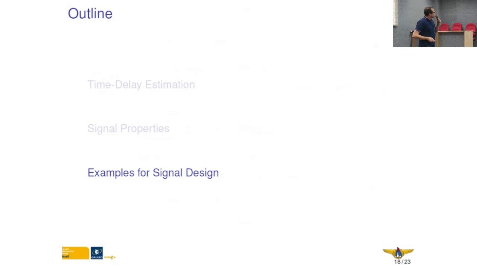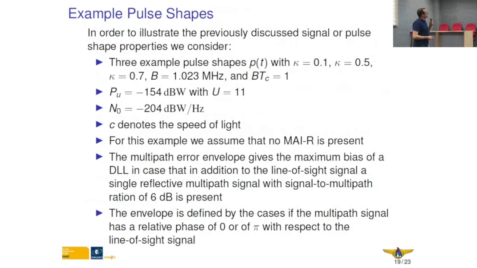Yeah, now I would like to discuss some signal designs. These are designs of some signals that are not available as GNSS signals, but to study the effects and the properties that we just discussed, I created them. Here are just the parameters that I used to generate them.